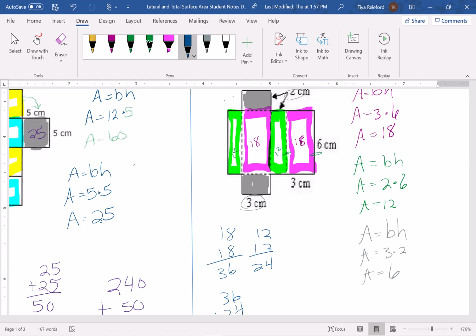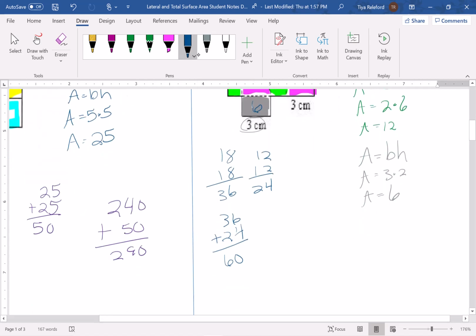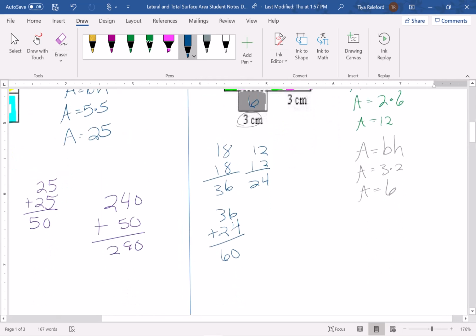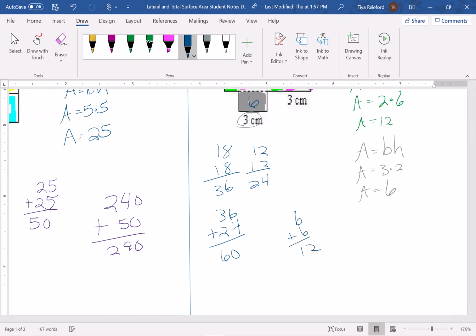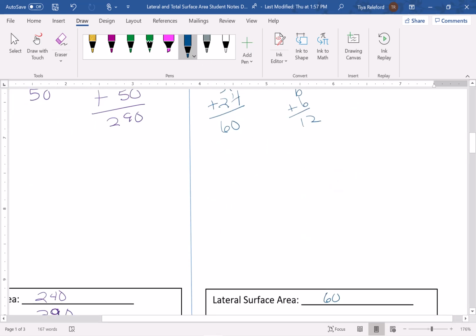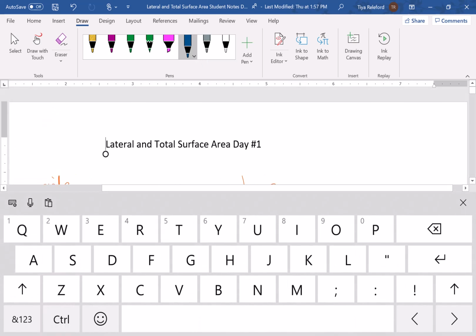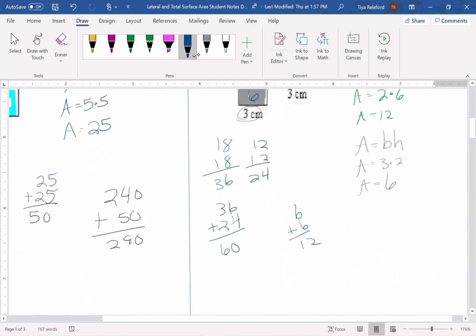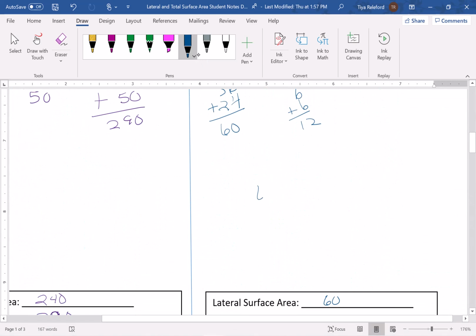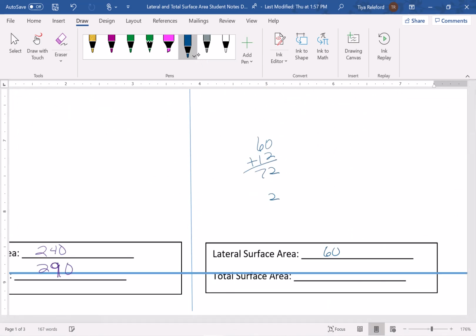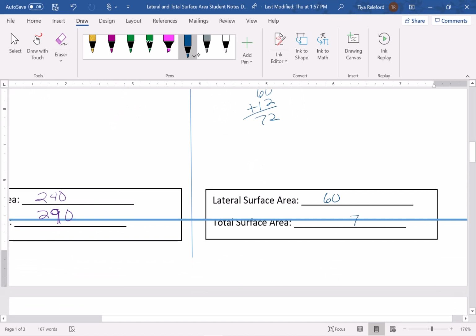So make sure you write 6 in those rectangles, which means together they're 12. So I'm going to add 12 to the lateral surface area, and that gives me my total surface area.